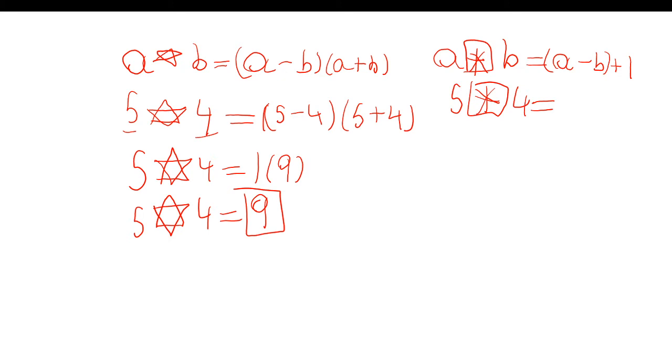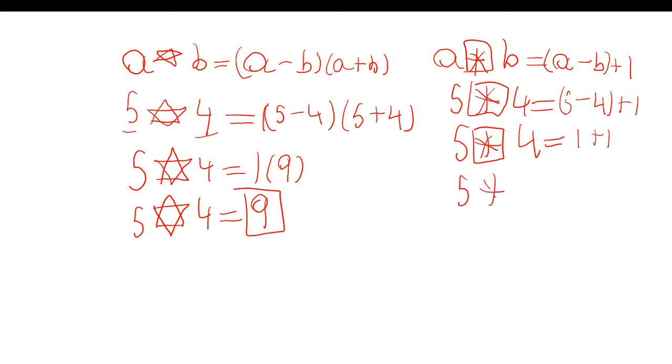Now the same thing happens. We set A is equal to 5 and then we set B is equal to 4, and now we have 5 minus 4 multiplied by 1, and then we add the 1 on, which means this is equal to 1 plus 1, which is just 2.